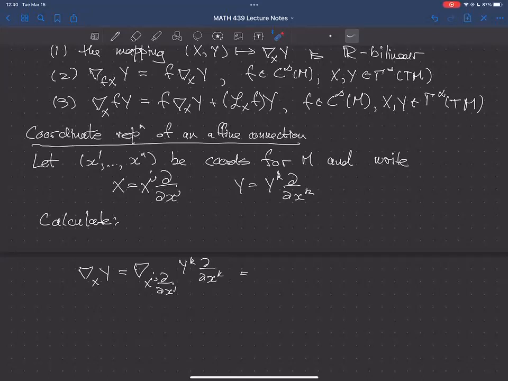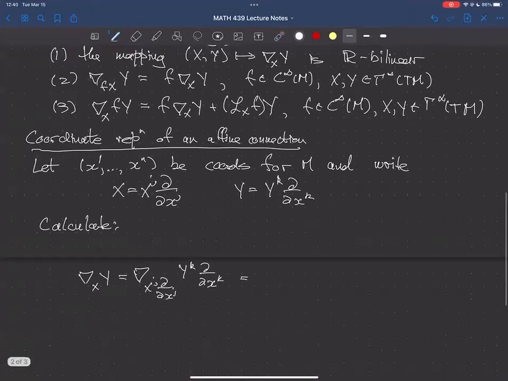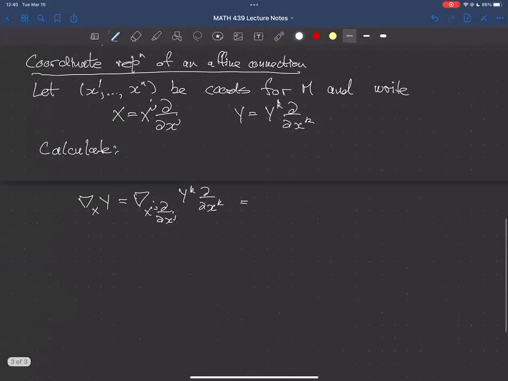So we're just going to apply the rules, and we're also going to be implicitly using the linearity with respect to addition and scalar multiplication as well.